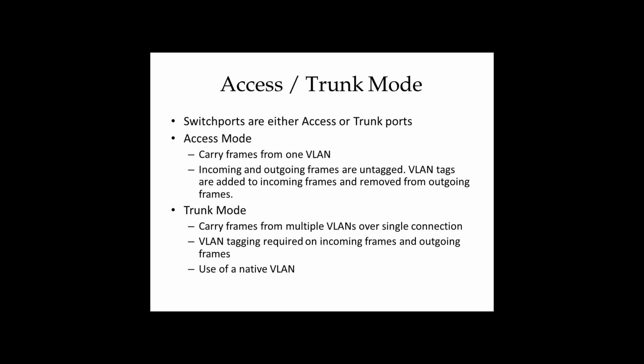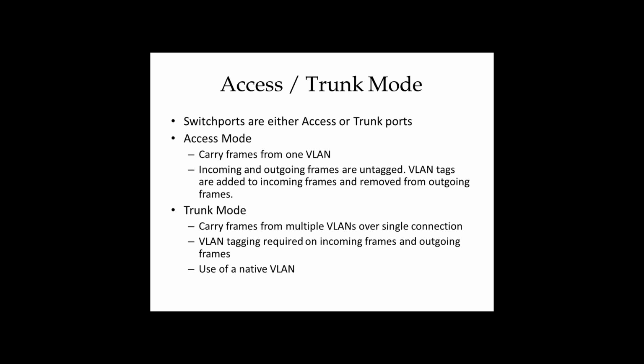So if we have a trunk port set up, let's say we're in a VMware environment with host servers, and a host server has one of its physical NICs connected to the switch on a trunk port.